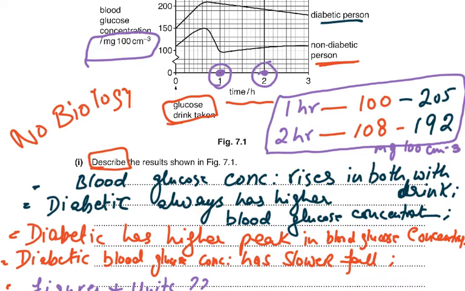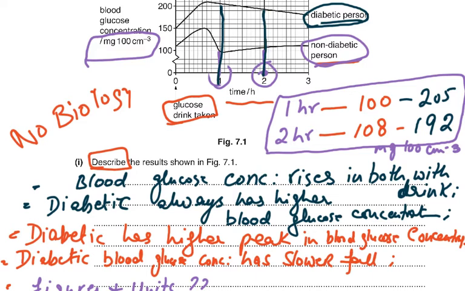So you see the figure 100 here, and you have to see it here, and then at 2 hours. This is the non-diabetic person. And then I give you the figures for the diabetic person: it was 205 here, and then it was 192 here.